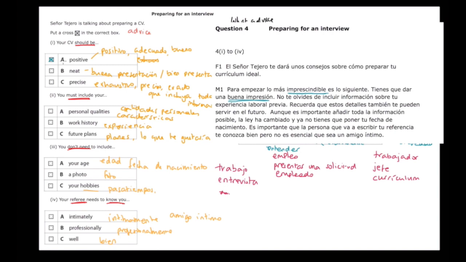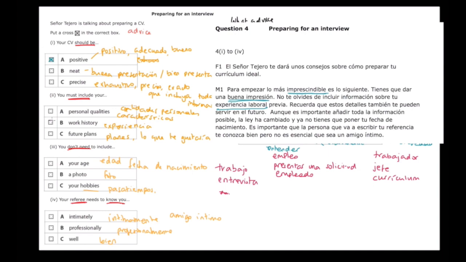Okay, so if you struggled, if you went for neat rather than positive, I don't think it's the end of the world. Okay, if this is the only mistake you've got in the whole paper, I think you can consider yourself very proud of yourself. So correct answer is positive, okay? Now, no te olvides de incluir, what must you include? La información sobre tu experiencia laboral previa.